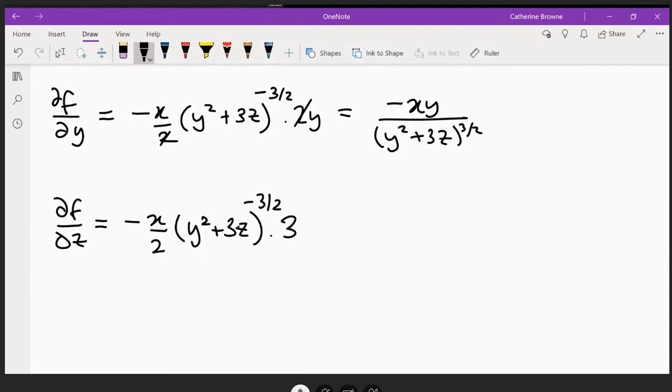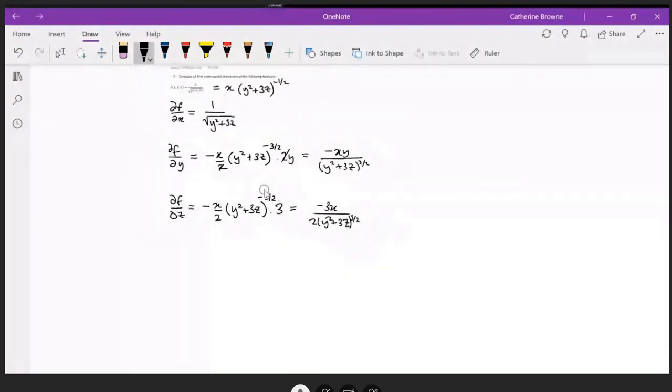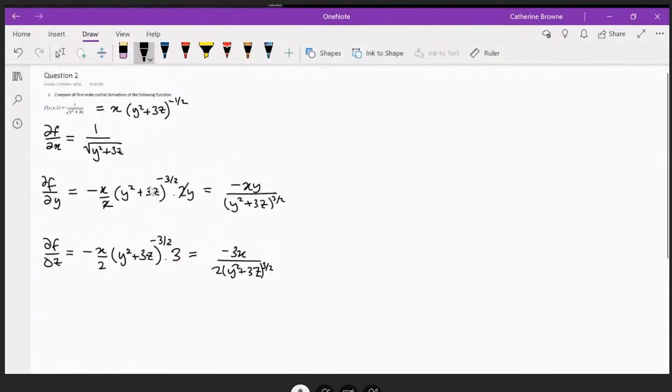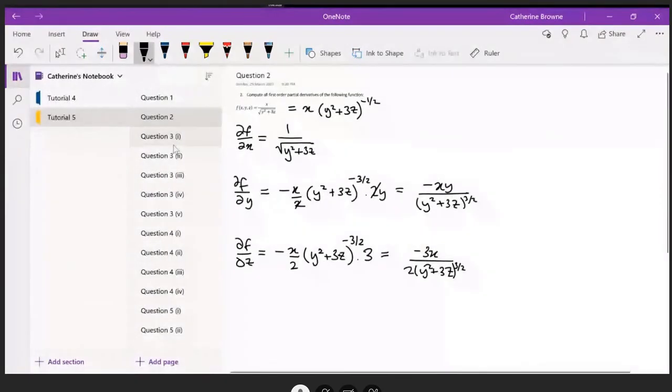So we get 3. So that's going to be equal to minus 3x all on 2 times y squared plus 3z to the 3 on 2. So that one's pretty simple. Were there any questions about that one? I'll move on then.